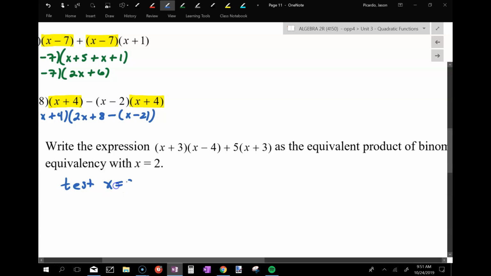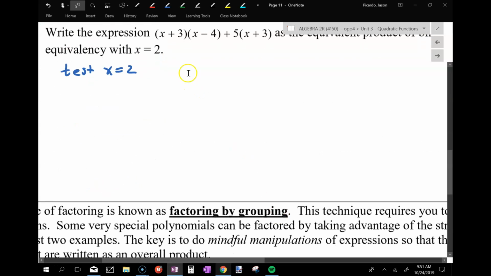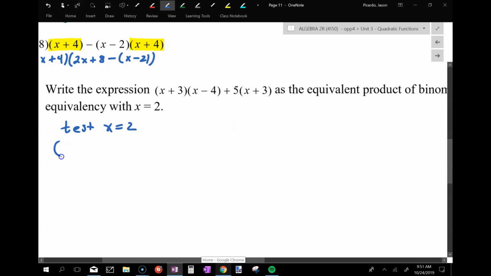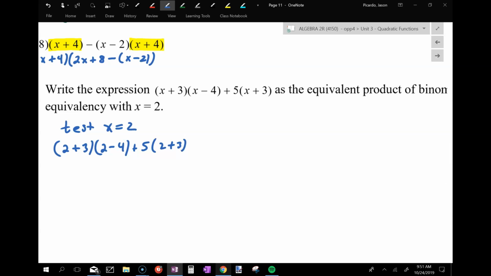So I'm going to test using x equals 2. So if I plug 2 into this, what would I have? Well, I would have 2 plus 3 times 2 minus 4 plus 5 times 2 plus 3. I just plugged in, right? So what does that give me?